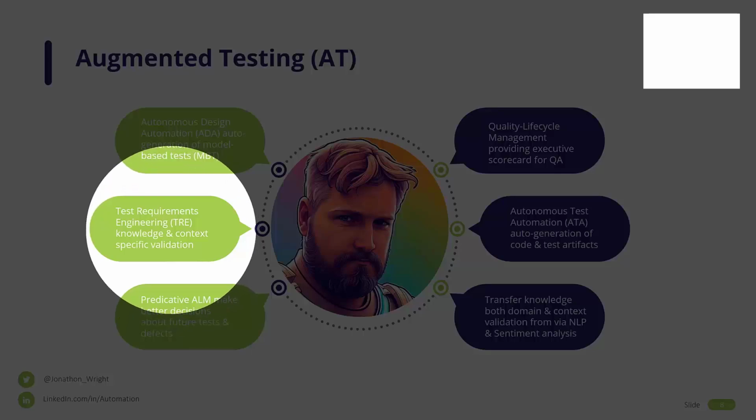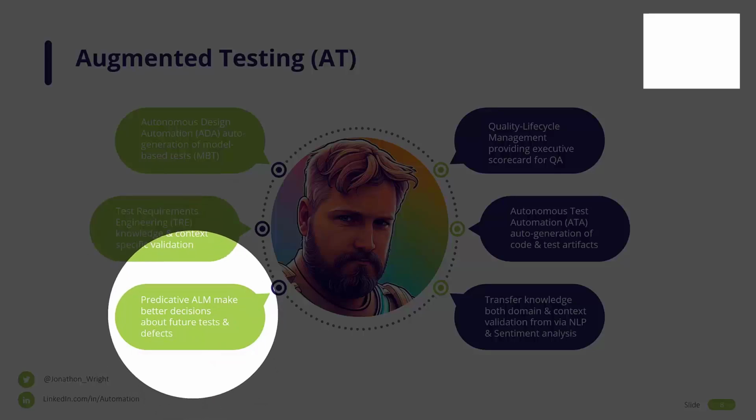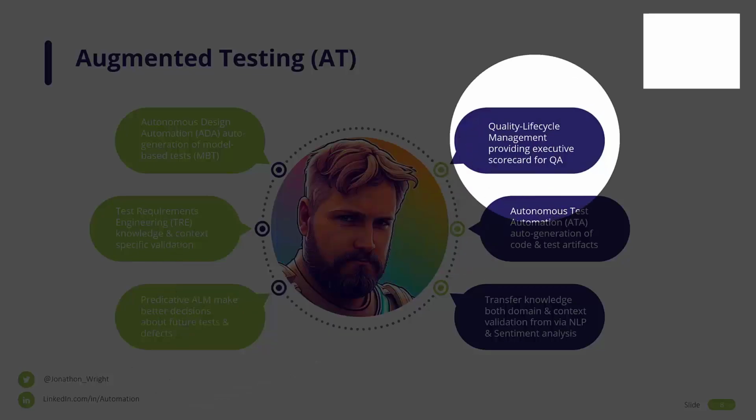So how do you test derivatives, etc. Again, a lot in the predictive ALM space, and at the start of last year, I did a book on artificial intelligence in software testing with Rex Black and Adam Smith, who sits on quite a lot of the AI for testing ISO boards, and has actually created a predictive ALM out of Barcelona, so it can show you and predict in the future how many defects you're going to have. And I know this is a technique people have used for many years anyway.